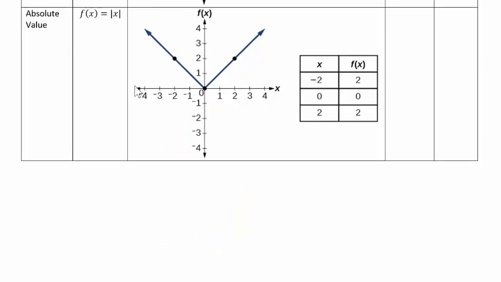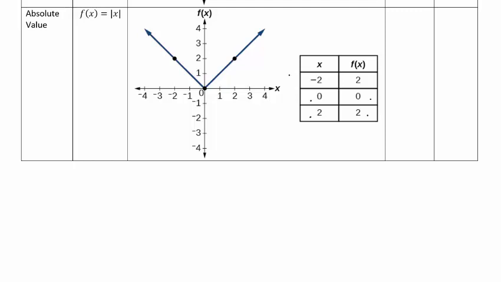Okay, the next function is the absolute value function, or f of x equals the absolute value of x. It's a V-shaped graph, and some of the points on the graph are when x is negative 2, y is equal to the absolute value of negative 2, or just 2. When x is 0, y is equal to 0, and when x is 2, y is equal to 2.